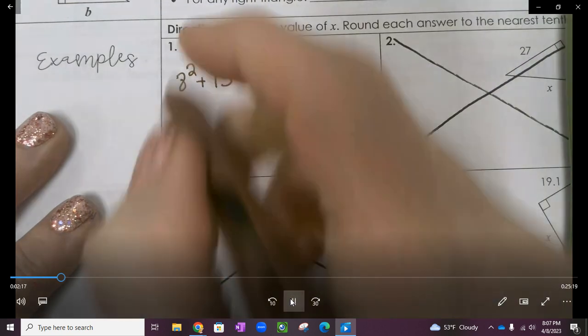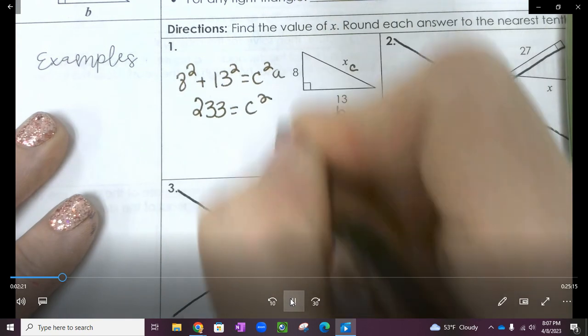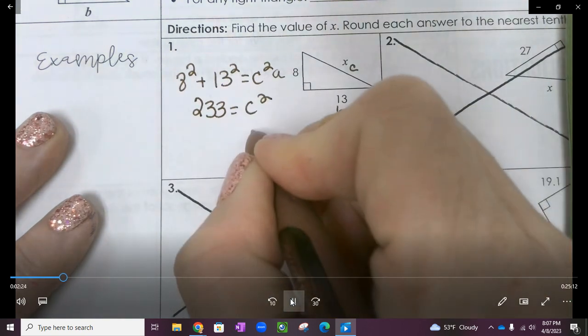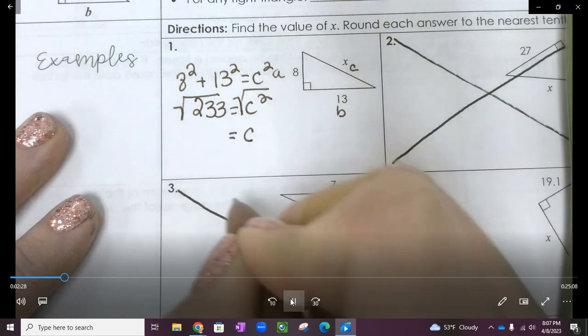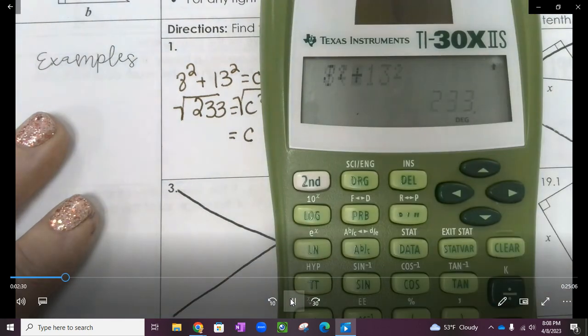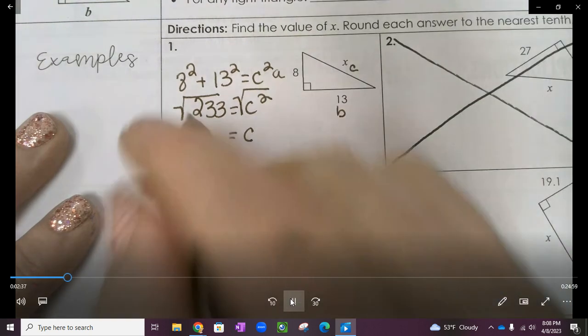And so we get c squared equals 233. And then most importantly, don't forget we are trying to find c. And so we do need to take the square root. We're going to do 1 decimal place again, so that would be 15.3.